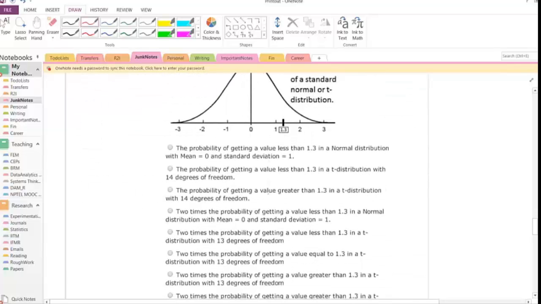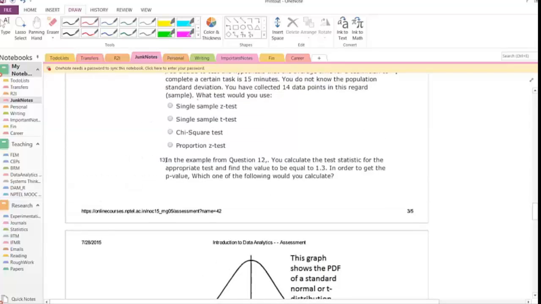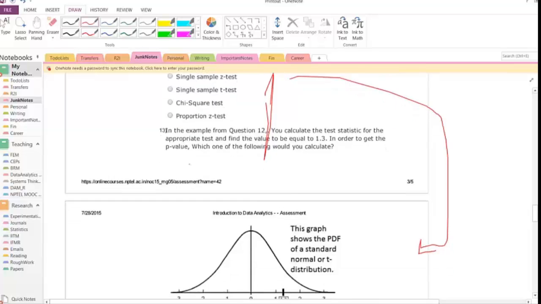And the important thing to realize is that once you narrow down which test it is on question 12, that should logically tell you which distribution you want to be looking at in question 13. Okay? So if you choose to perform a z-test, you would be looking at a normal distribution. If you choose a t-test, you will be looking at a t-distribution.